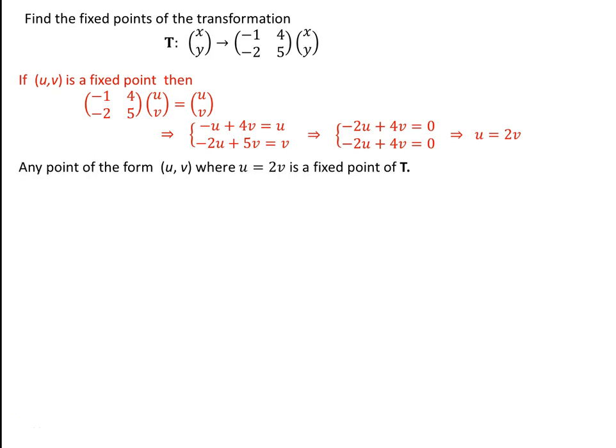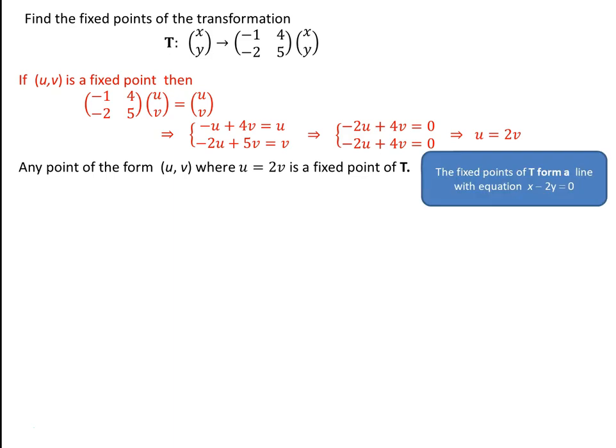So we can say that any point of the form (u, v) where u is twice the value of v is going to be a fixed point of the transformation T. In other words, the fixed points of T form a line with the equation x - 2y = 0, or if you like, y = (1/2)x.